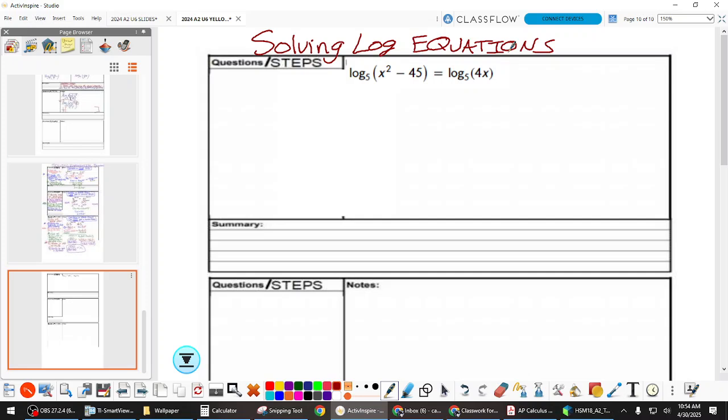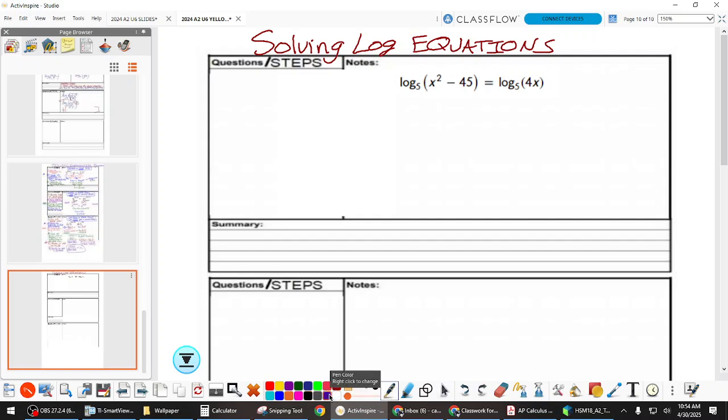What do we call it when maybe one or both of our solutions that we solve for don't actually work? You guys remember that word? Starts with an E. Extraneous.